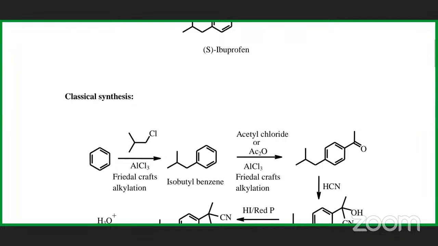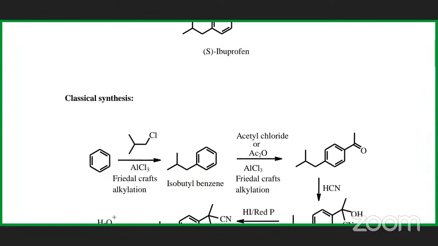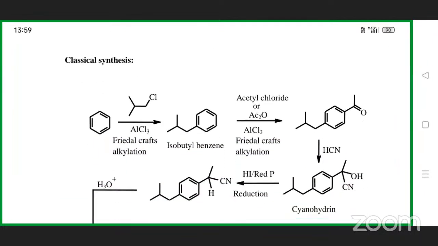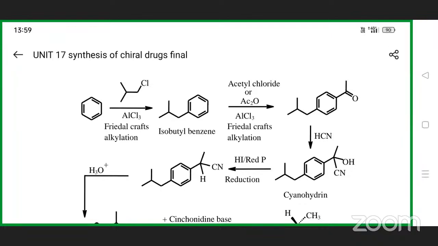So see the question, understand it, and then write the suitable answer. First we'll see the classical synthesis. And in the exams, if they have not mentioned a particular method, then you can write any one. Sometimes what happens is they will ask to write the synthesis of ibuprofen.